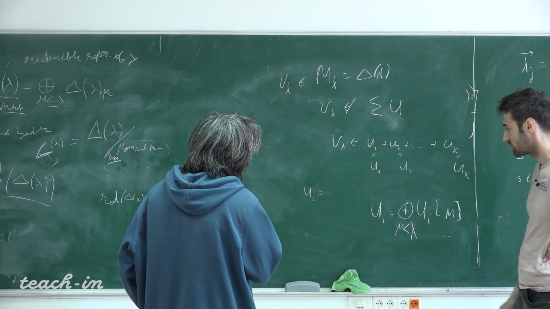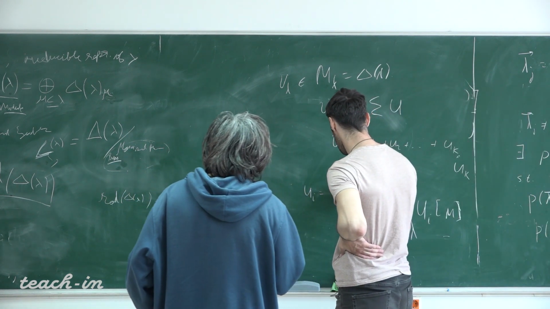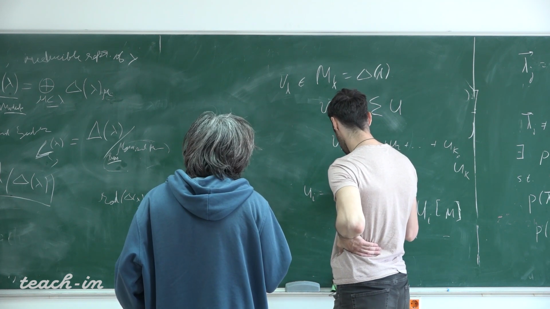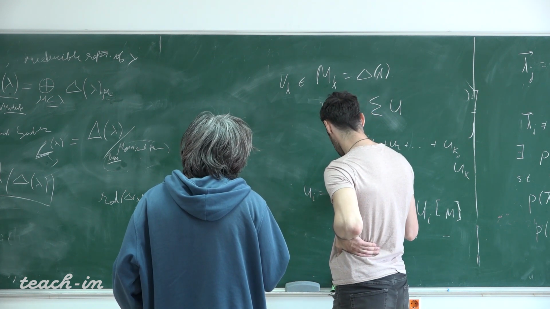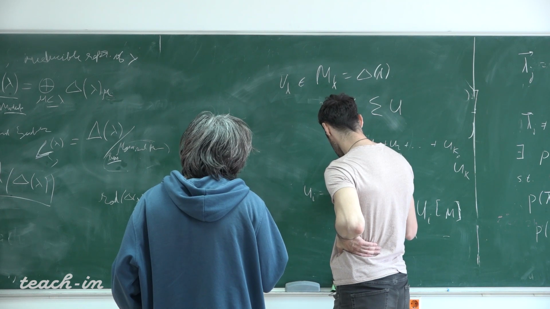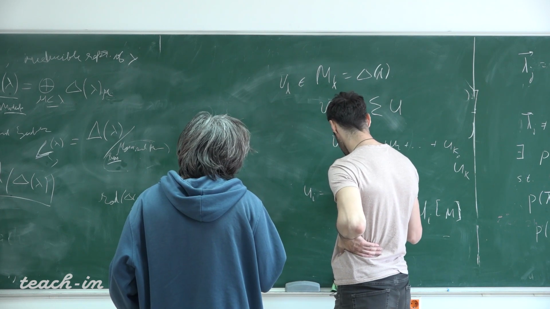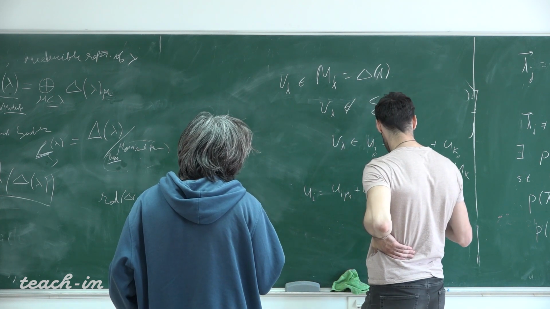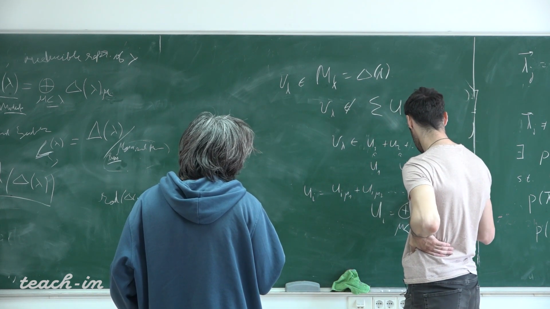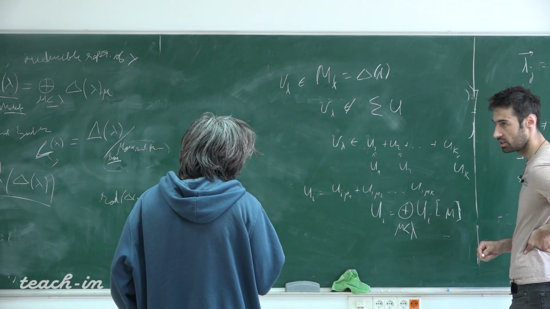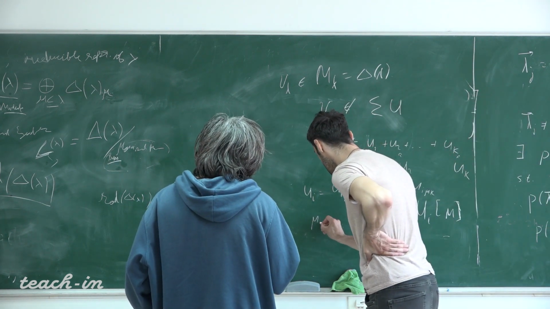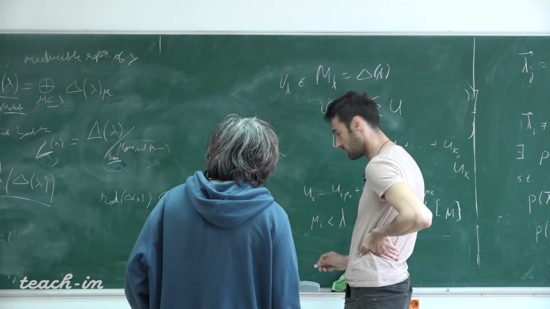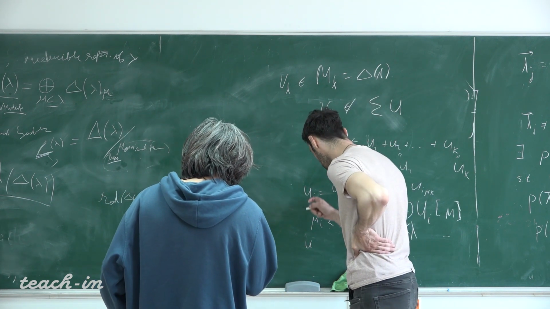So Ui is decomposed as Ui mu1 plus Ui mu2 and so on, Ui mu k, where each mu is strictly less than lambda, for each i.